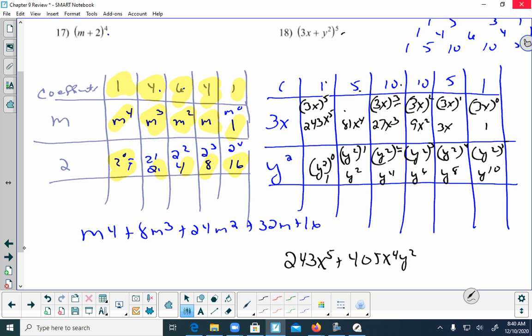Multiplying the 10 times the 27, that'll be plus 270x to the 3rd y to the 4th, plus looping around. 10 times 3 will be 30, so this will be 30x squared y to the 6th. 5 times 3 will be 15, so this will be 15x y to the 8th, and then y to the 10th. And that is my full answer.